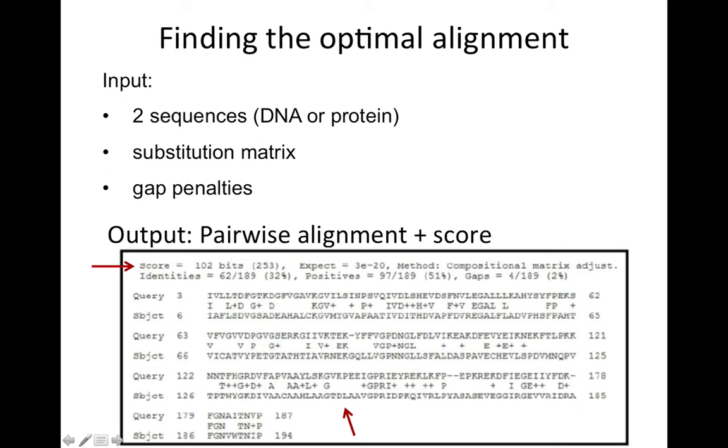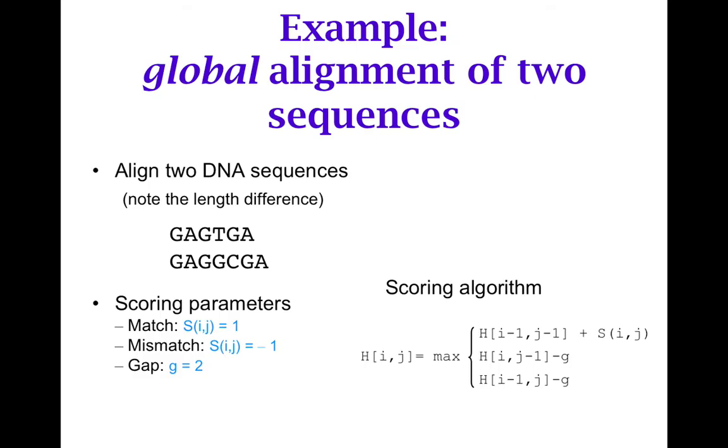Now, the question is how do we actually get to such an alignment? Luckily there's a very nice algorithm, the Needleman-Wunsch algorithm, that can find this optimal global alignment. What we consider in a little bit is an alignment matrix, and how that works we will see soon.